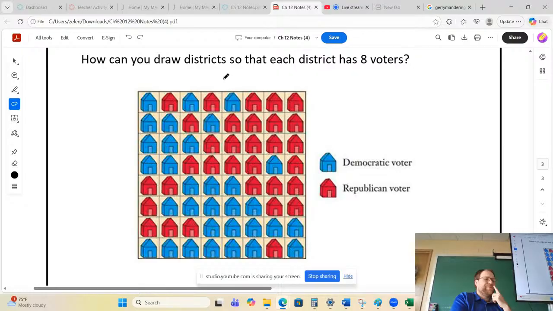What do you think you would do? Throw some lines and hope and pray. Just as long as we have 8 in each, right? Should we try it?